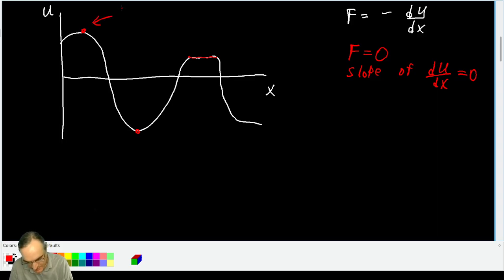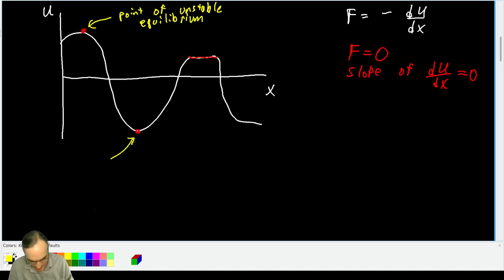This one is a local maximum of the energy curve, and it would be a point of unstable equilibrium. Let me change to a more visible color for this. How about yellow? So point of unstable equilibrium.